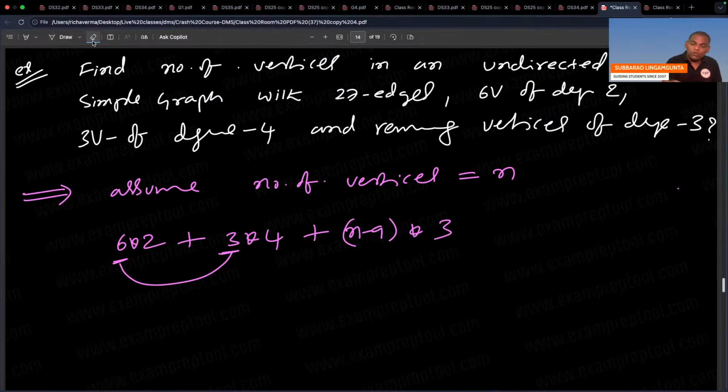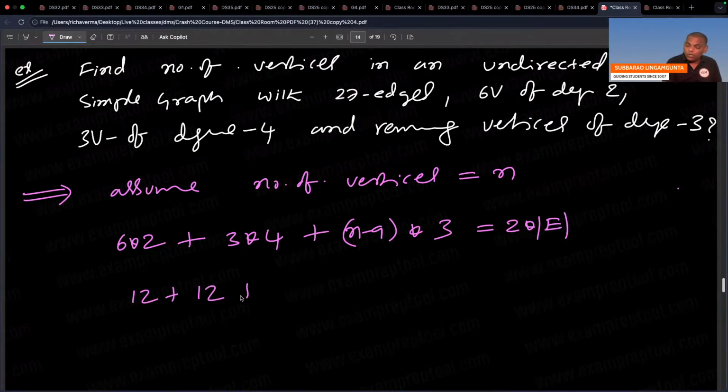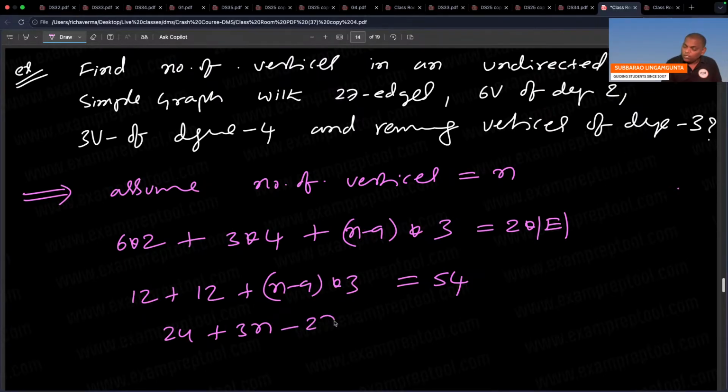This is going to be the sum of degrees, which is equal to 2 times E, where E is the number of edges. So 6 times 2 is 12, 3 times 4 is 12, plus (n minus 9) times 3 is equal to 2 times 27, which is 54. So 24 plus 3n minus 27 is equal to 54.